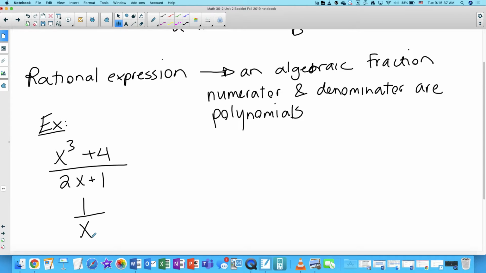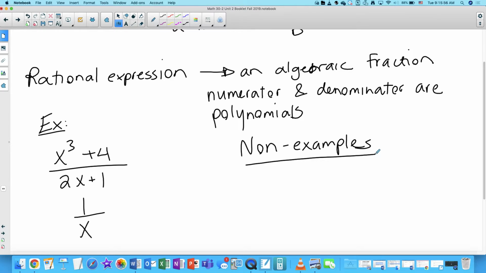I do want to talk about some non-examples because I think when you look at the non-examples, it helps to clarify exactly what the definition of these things are. And mostly the non-examples would be expressions that are not polynomials.